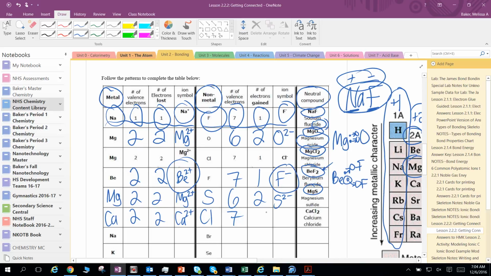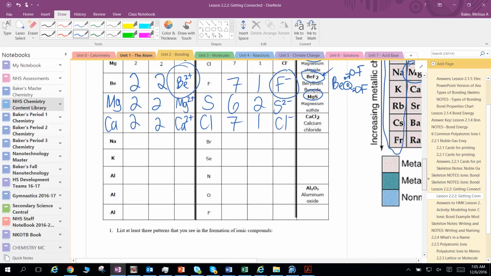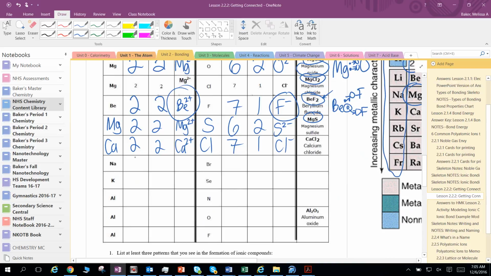Chlorine is in group 7A, wants to gain 1 electron. Sodium's got 1 valence electron that it wants to lose. Bromine has 7, it would like to gain 1.